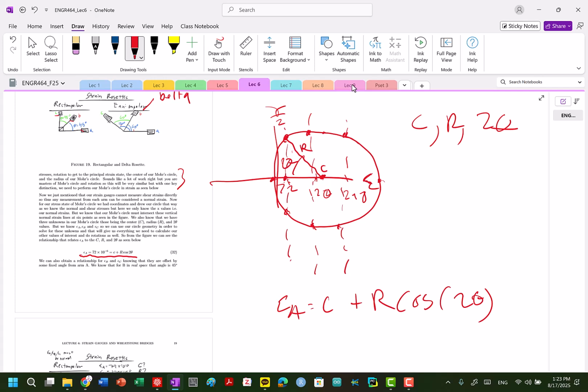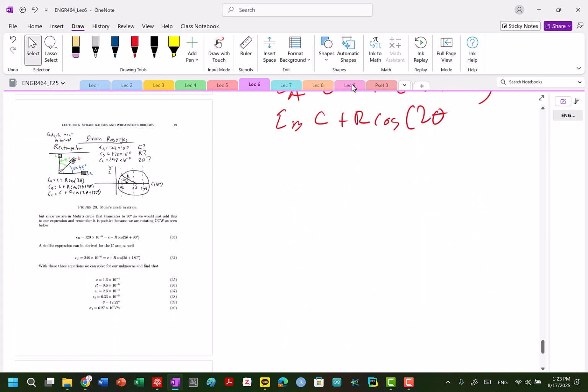What about B? Well, epsilon B would be C plus R cosine of 2 theta plus an offset, because we're in a rectangular rosette and we have to account for this change in direction.